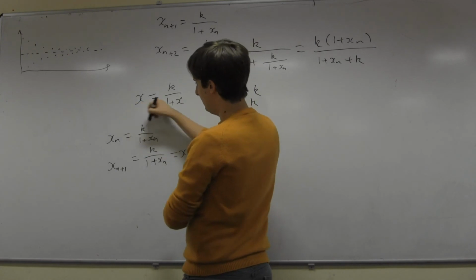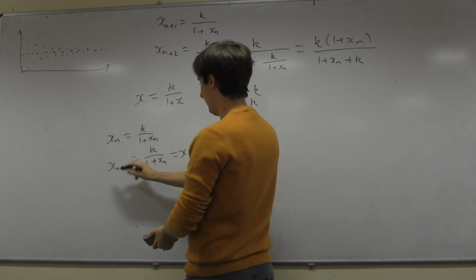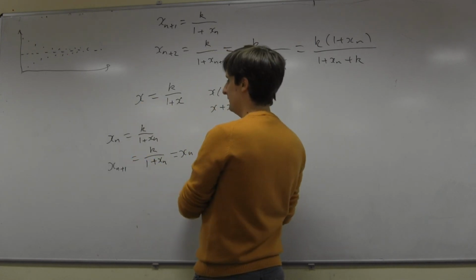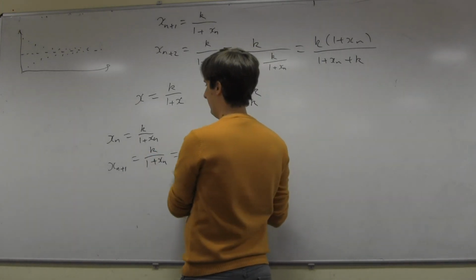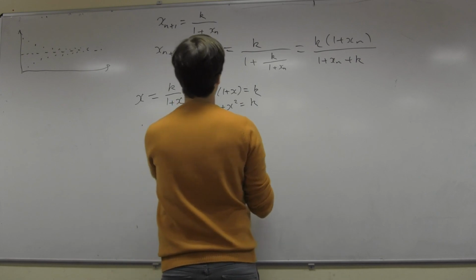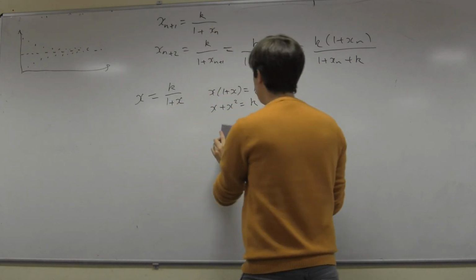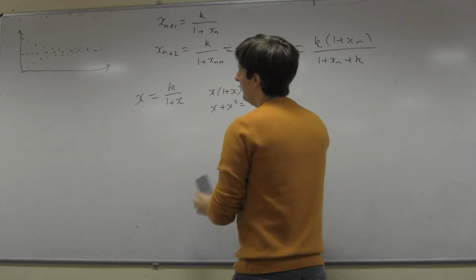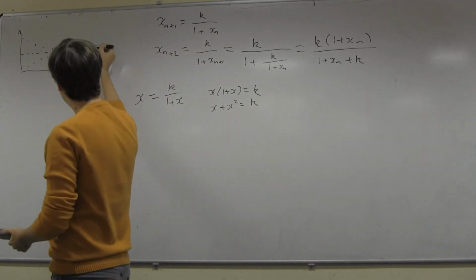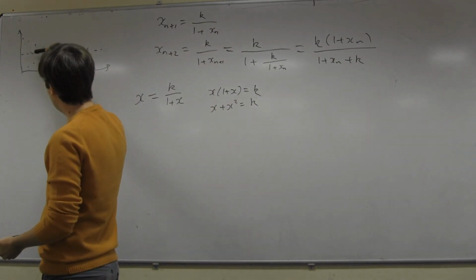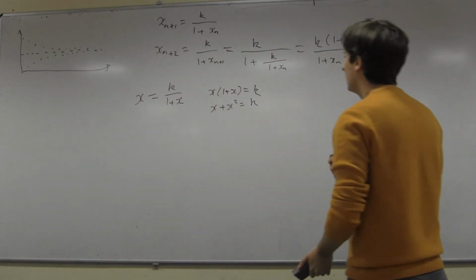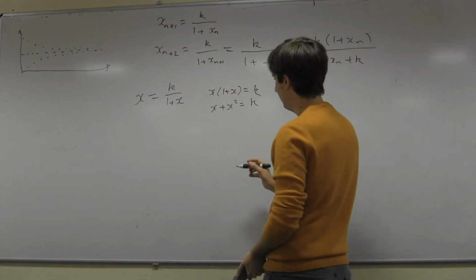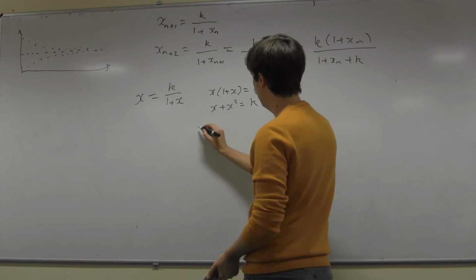So if xn satisfied this equation, then xn plus 1 would be equal to xn. Once you're at that point, you stay at that point forever. So that's why it's natural to look at. It's going to be useful for us to find this point, because we think if it's above the point, it's going to be decreasing, and if it's below, it's going to be increasing. So what's the solution to this quadratic?